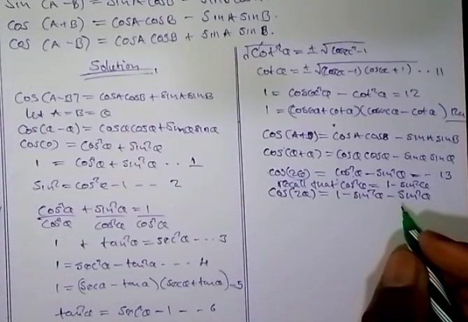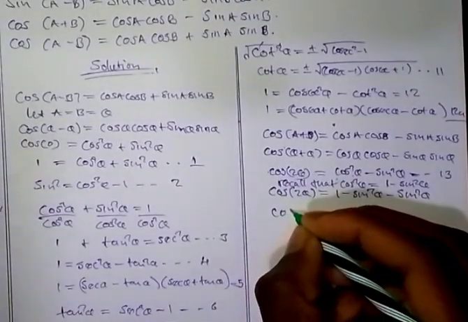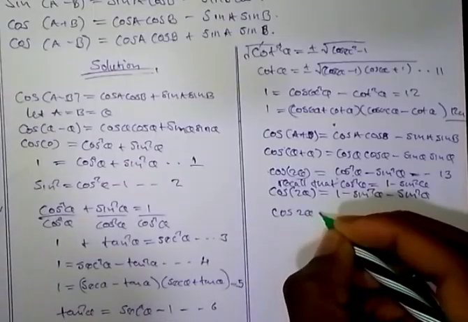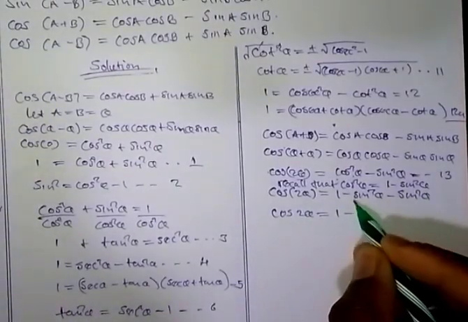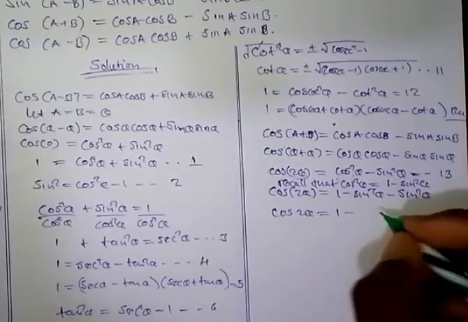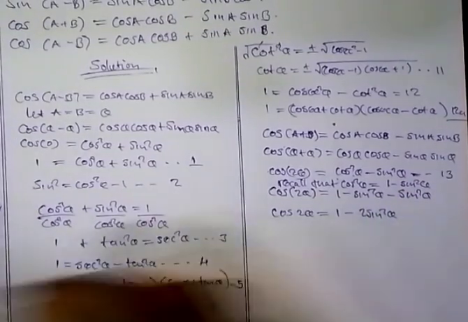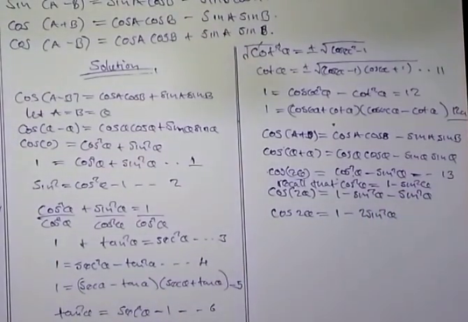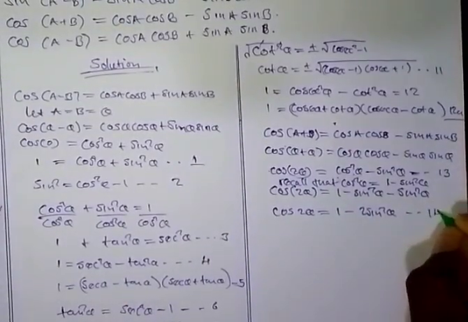So here what we are going to have is cos 2 theta is equal to 1 minus sin square theta minus sin square theta. We're going to get 2 sin square theta. So we see that we are going to have equation number 14.